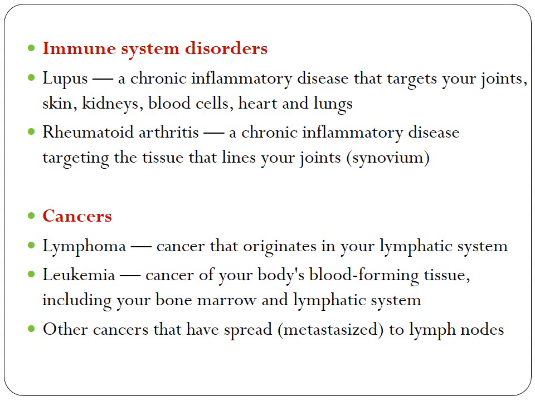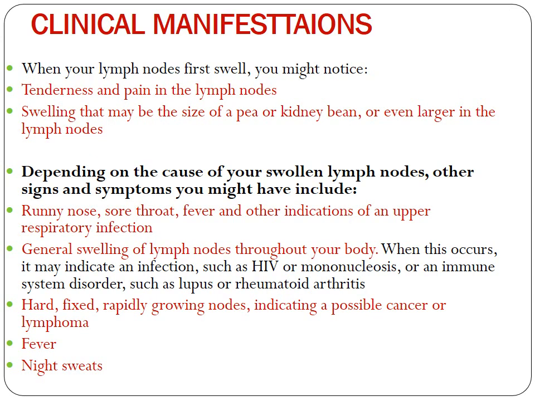And leukemia is the cancer of the body's blood-forming tissue, and also other cancers can spread or metastasize, which means if in any other portion of your body you have a malignancy or an abnormal growth, it can spread and affect your lymph nodes. So this can also be a factor.